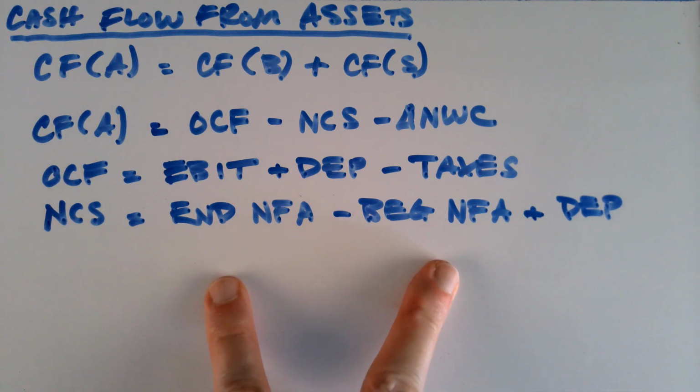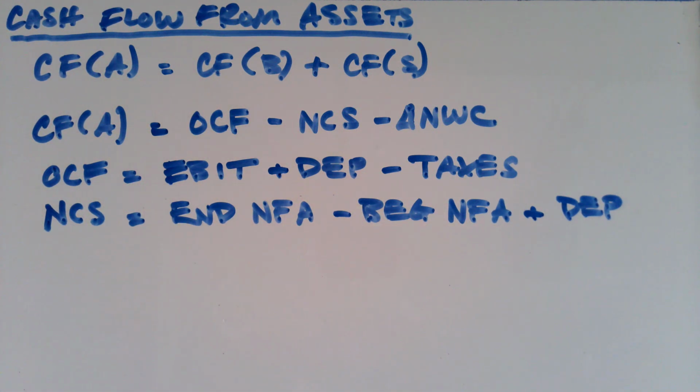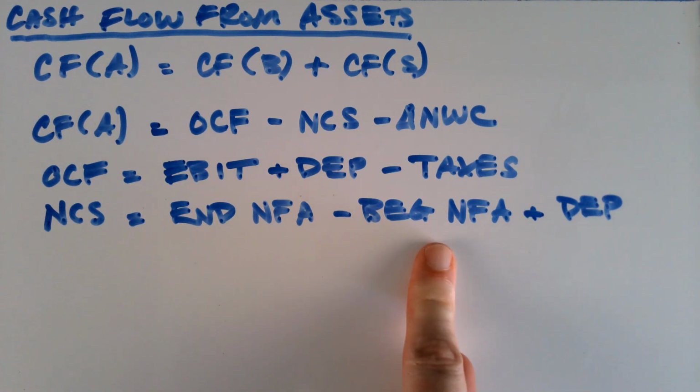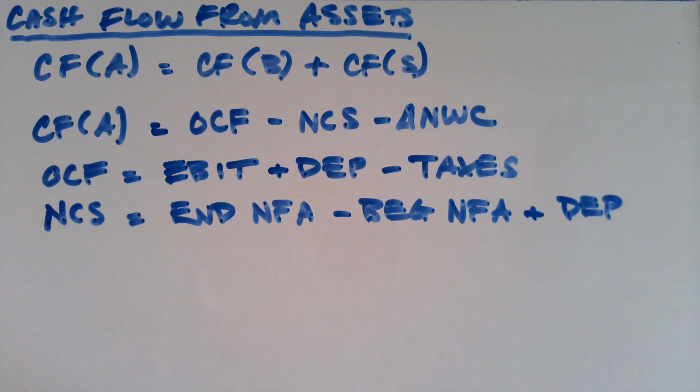If you look at these two, you would think that the change in the amount of investment in net fixed assets, if we just take the ending amount and subtract the beginning amount, we would be just fine. Except for one thing. This happens one period before this, and that means there's been one more period of depreciation recorded. And remember that depreciation is a non-cash expense, and we're looking for a cash flow for net capital spending.